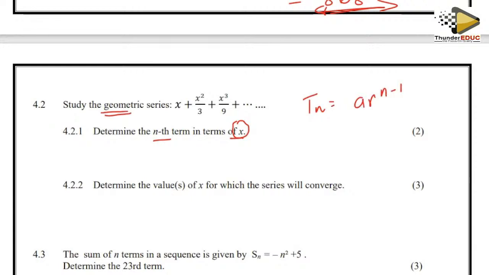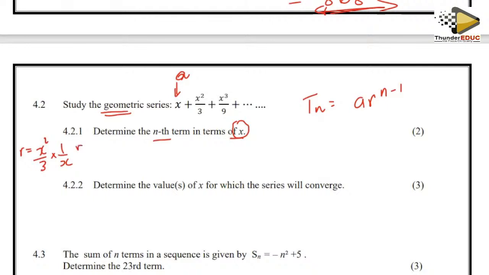We know that the geometric nth term is given as a r to the n minus 1. Okay, so our first term is x, that we know. It's our a. What we need to determine is just the r. So for us to get the r, you can just divide. So it's x squared over 3, I'm dividing by just x, or just say times 1 over x.